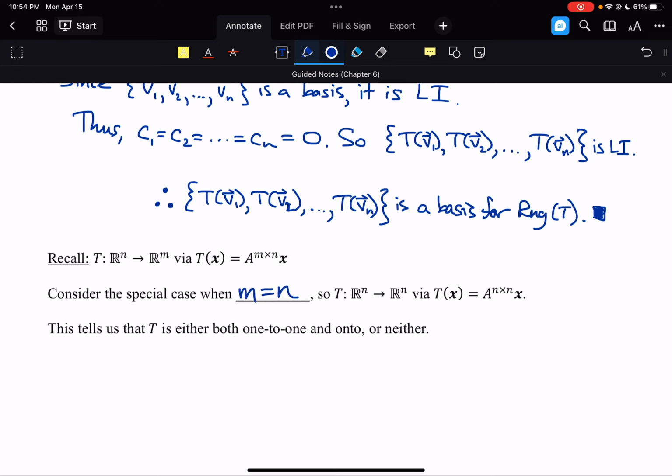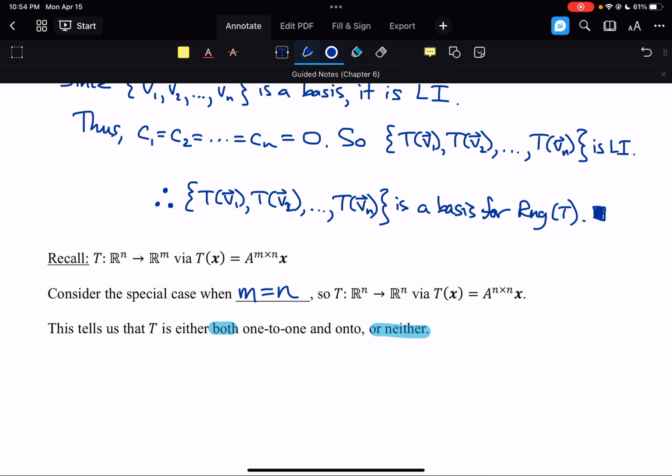So when m equals n. So we're going from Rn to Rn. So we're going to have the same dimension for both of these, and the matrix is going to be a square matrix, an n by n matrix. Because the dimensions are the same size, this tells us it's either both 1-to-1 and onto, or neither.